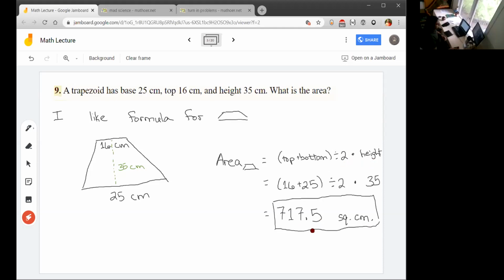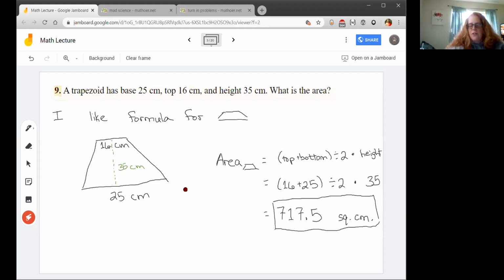Oh, yeah, I do have a decimal. So it doesn't matter where we do the divided by 2 part, as long as you have the parentheses so that this is one thing. Right, because then I had 41 times 35 divided by 2, and that was the equation that I put into my calculator.